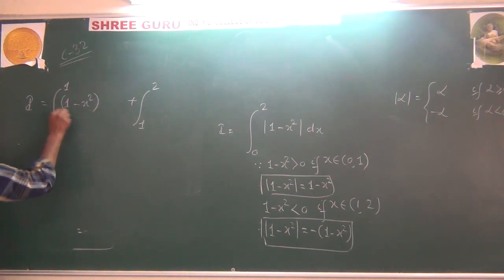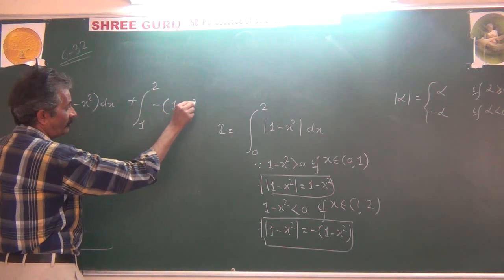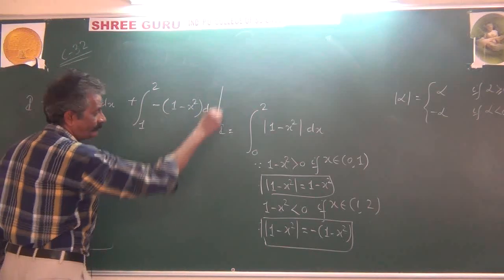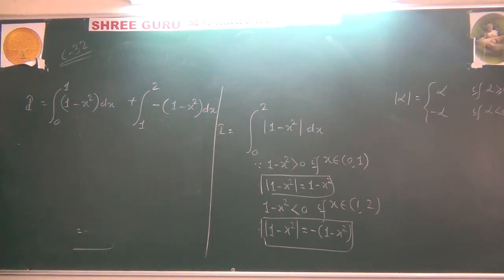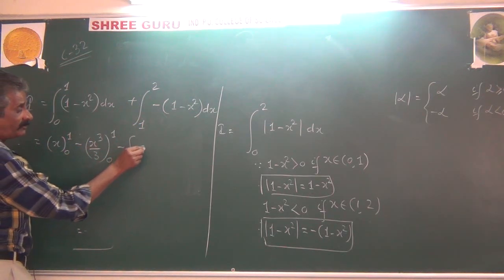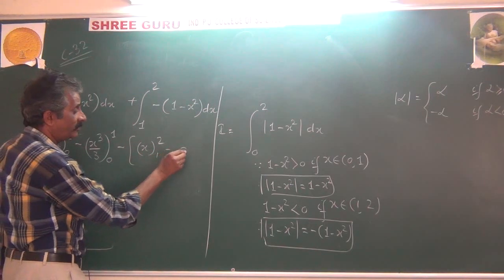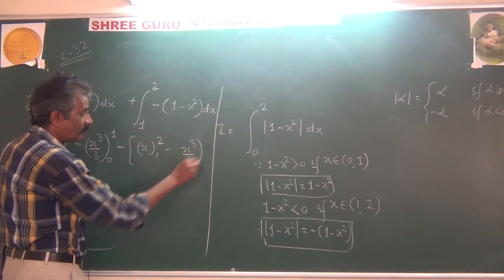In the interval 1 to 2, mod of 1 minus x square is minus of 1 minus x square. We have to integrate every term. First term, integration of 1 is x, limits 0 to 1, integration of x square is x cube by 3, limits 0 to 1. Here minus into plus is minus, integration of 1 is x, limits 1 to 2, integration of x square is x cube by 3, limits 1 to 2.